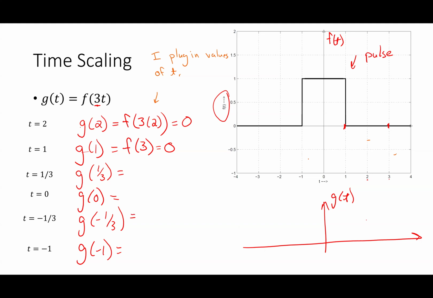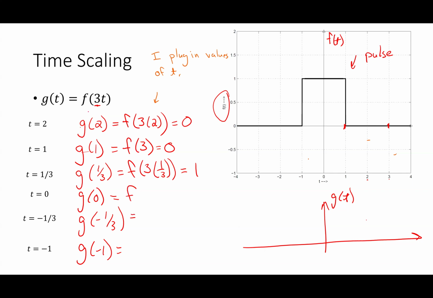Now I do t equal to 1/3. So at t equal to 1/3, g of 1/3 is f of 3 times 1/3. What's 3 times 1/3? 1. So what's f of 1? 1. So g of 0 is the same as what?